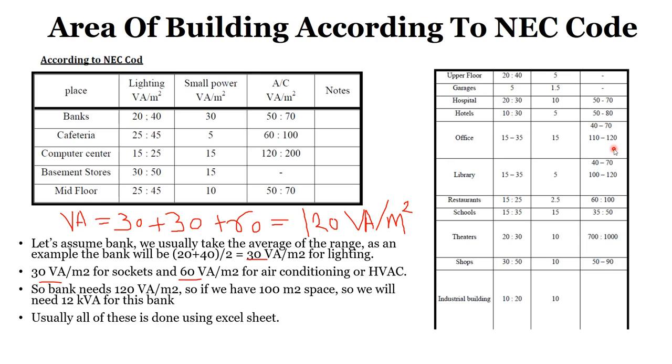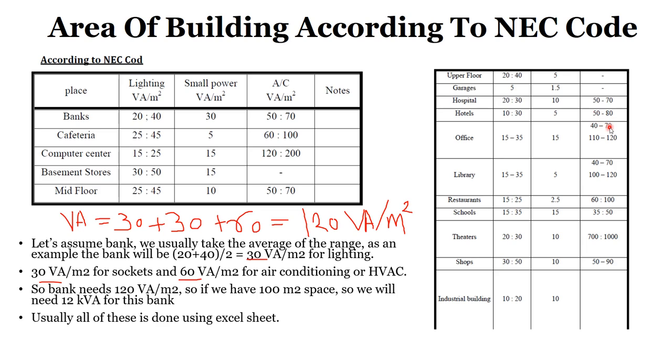What does this mean? We have two values or two ranges. The first range is for air conditioning for split type, or the air conditioning which is in each room. So as an example, if you have air conditioning separately for each room, then we are going to use the 40 to 70 range.